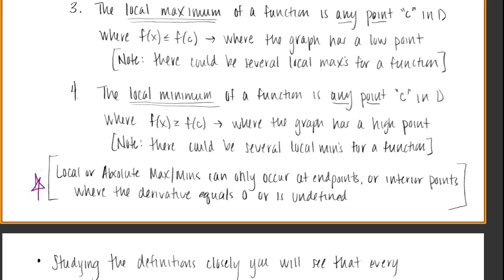Remember, if the derivative equals 0, which is your slope, that's talking about horizontal areas. And if the derivative is undefined, then you're really talking about areas where your graph goes vertical for a moment in time. Okay, that's what we're speaking of there.